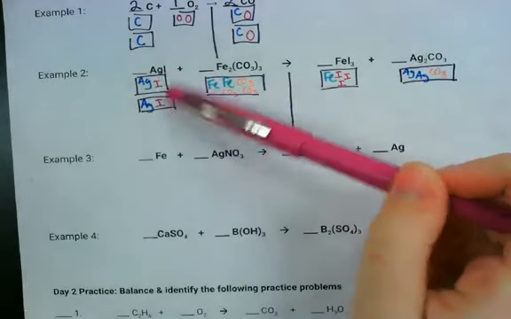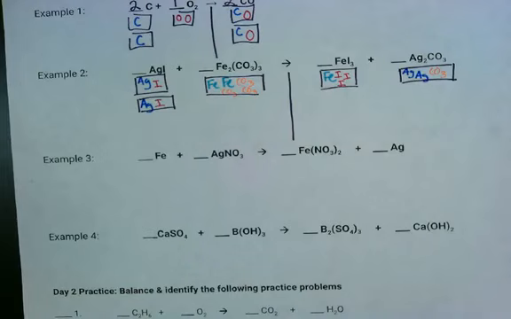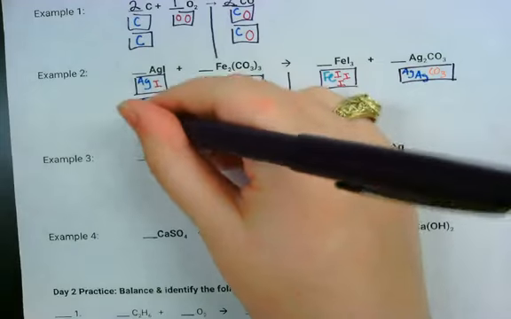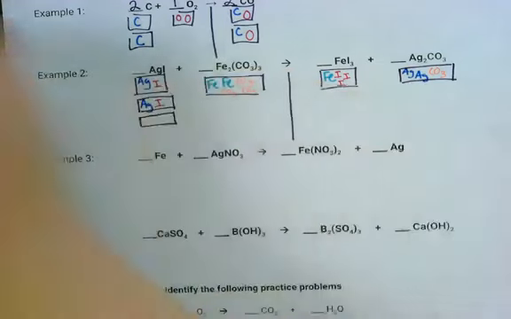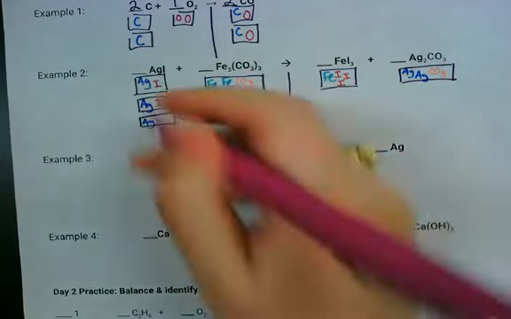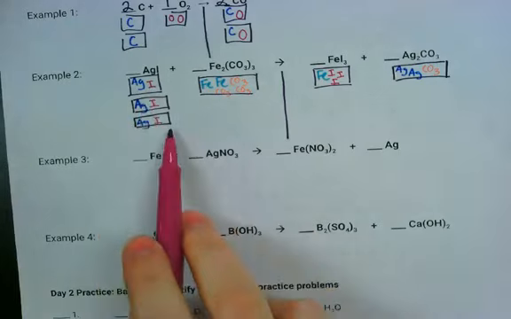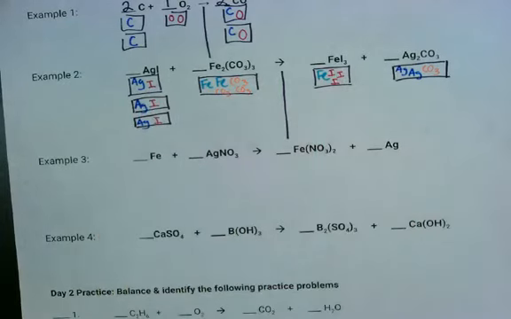Okay, now I have 2 I's and 3 I's. Well, I don't want to do that, right? I need 1 more I over here. Alright, so now let's see. I have 3 I's and I have 3 I's. So we're good there.